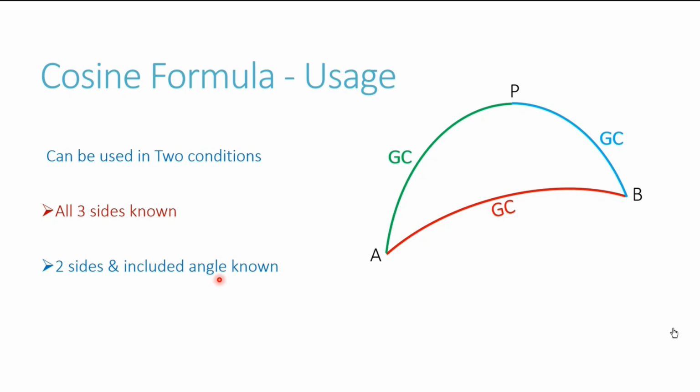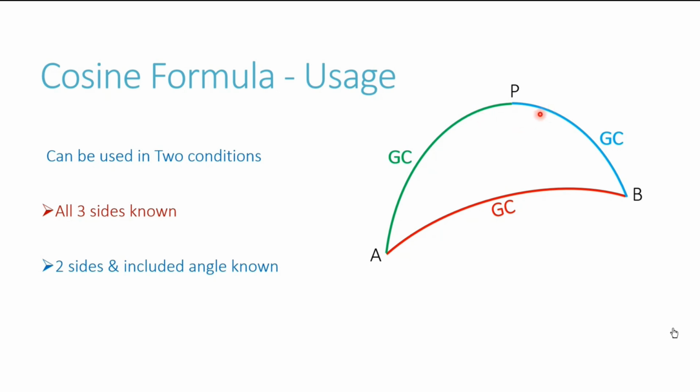If any two sides of this triangle are known to us, let us say we know Papa Alpha, the green color side of the triangle. We know Papa Bravo, that is the blue color side of the triangle, and the included angle. The included angle between these two sides is the angle P, angle Papa.